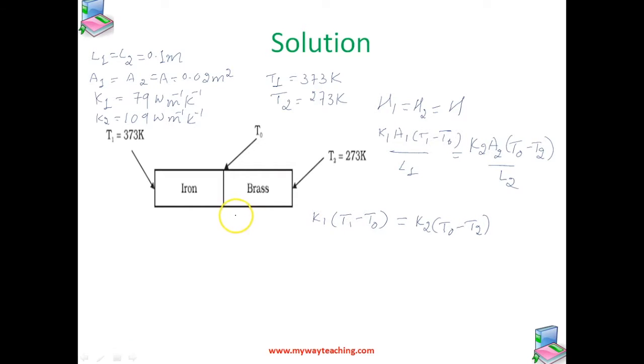so the junction temperature T0 will be equal to (K1 T1 plus K2 T2) divided by (K1 plus K2).